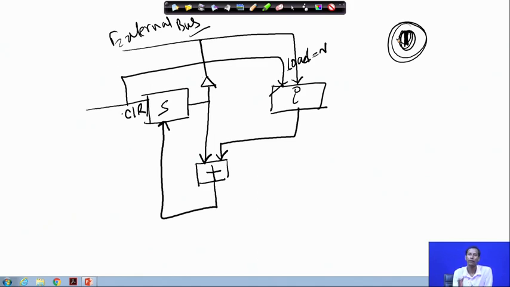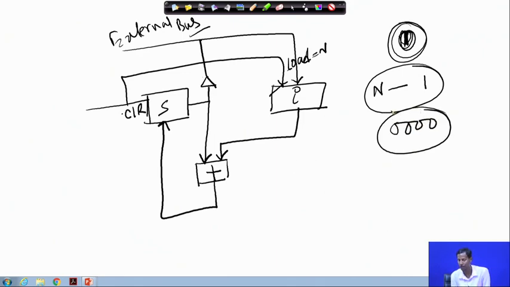So the 0 value will not be added, since it just counts from n to 1. Now how can I sense that all the bits are 0000? For that I need one NOR gate. When all the input bits are 0, it produces 1.